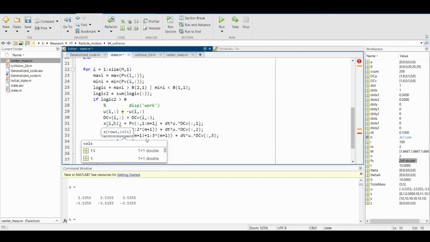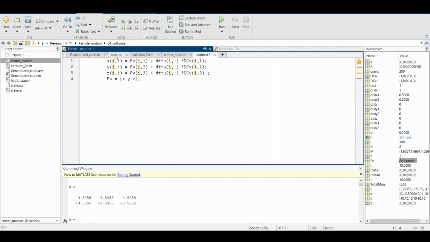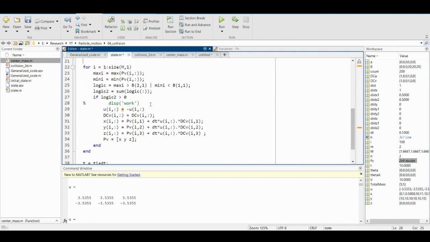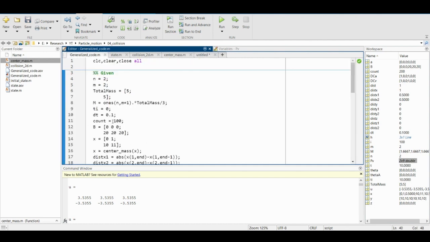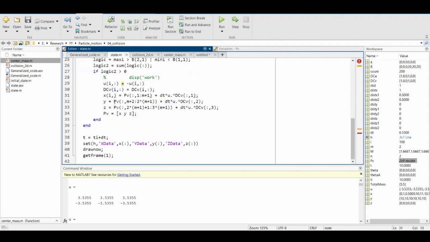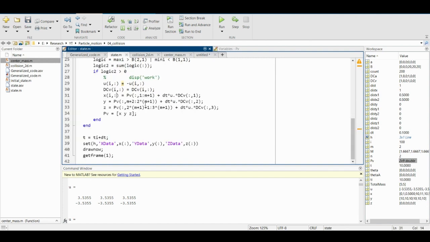I comma, wait a second, I need to see what was the initial one. Control C, Control V, Control Y. Okay, now is the thing. It's X I comma all, I comma all, I comma 1, I comma all, I comma 1.